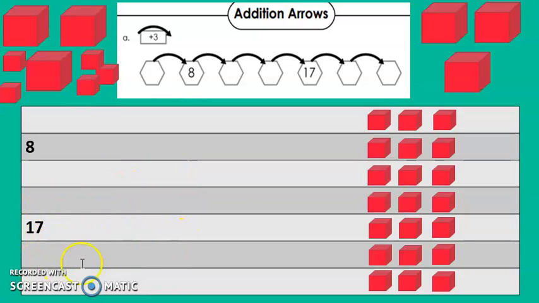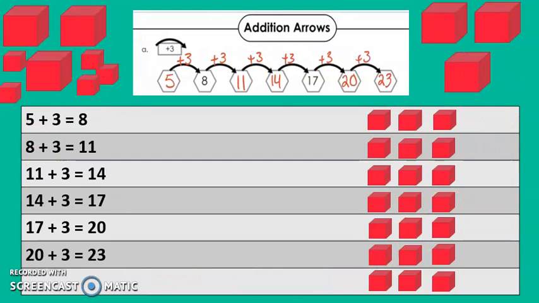Now first graders, if you get lost, if you forgot how to do this, rewind the video and play it again, because this whole screen that you see here, Mr. Begay explained it all to you, okay?